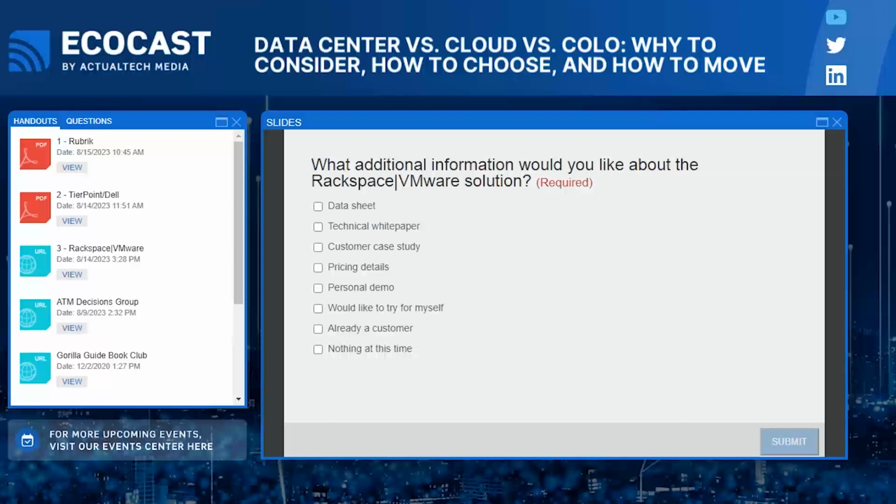Again, it doesn't even matter about the business, but it depends on the volume of the workloads that they have or the type of workloads that they have. But one thing we've noticed is SMB is very price sensitive. So typically for the workloads that SMB normally have, public cloud seems to be a better option because they can get cost efficiencies there without having to invest in physical infrastructure, either in Colo or private cloud. So that's typically what we'll see. But again, things can be different. But generally, that's for sure.